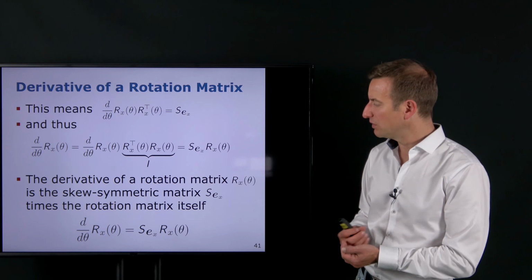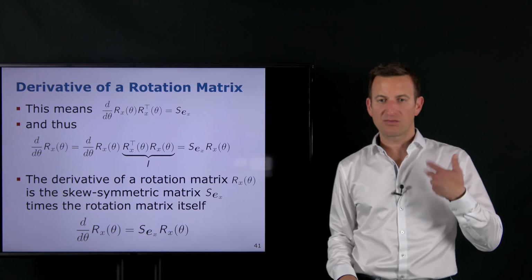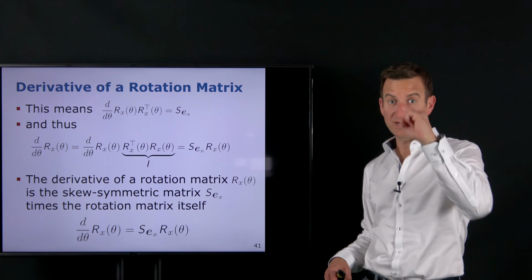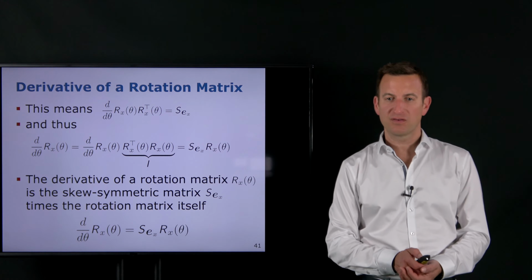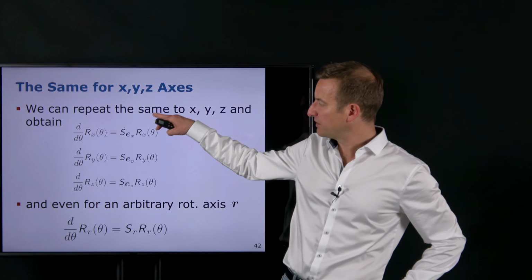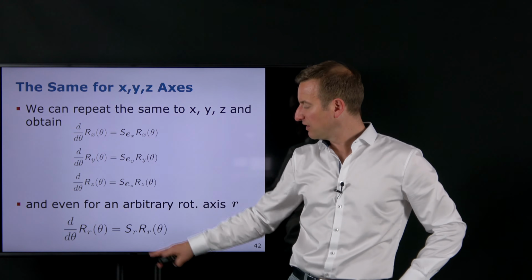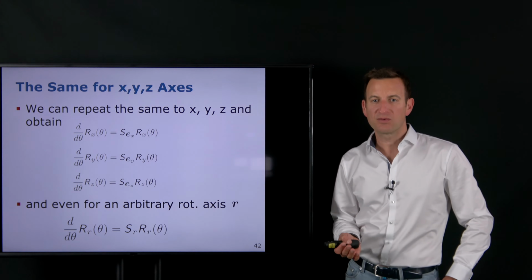So in order to compute the first derivative of a rotation matrix, you take the direction of the rotation axis, build a skew-symmetric matrix, and multiply it from the left-hand side to your original rotation matrix. So again, this is just a repetition. We can do this for x, y, z, and also for any arbitrary vector r, which defines my rotation matrix.